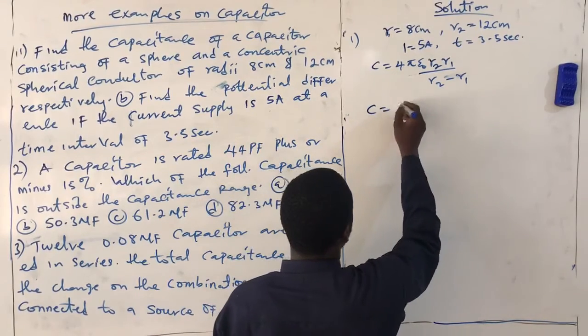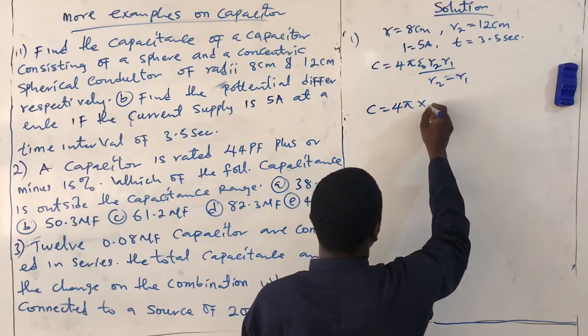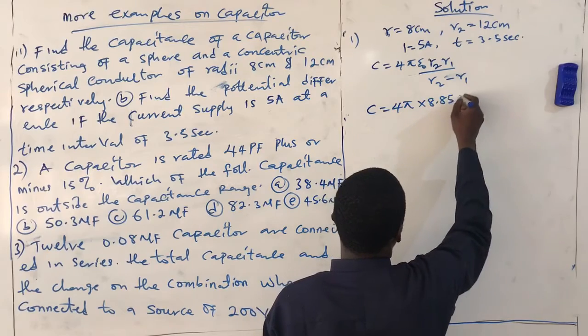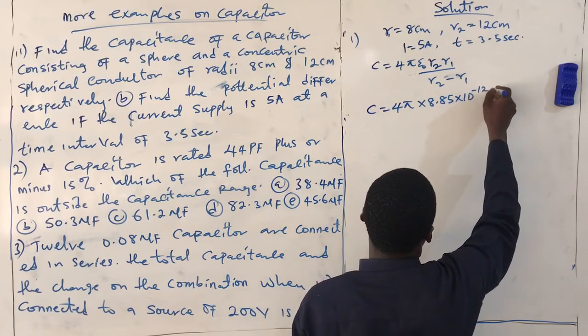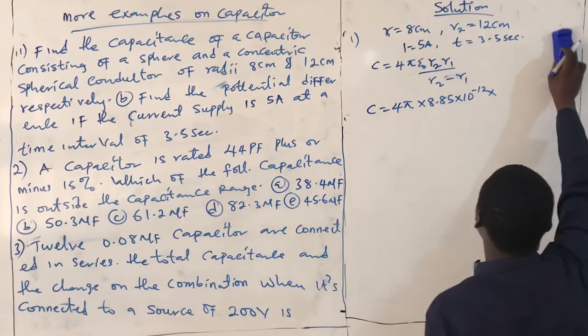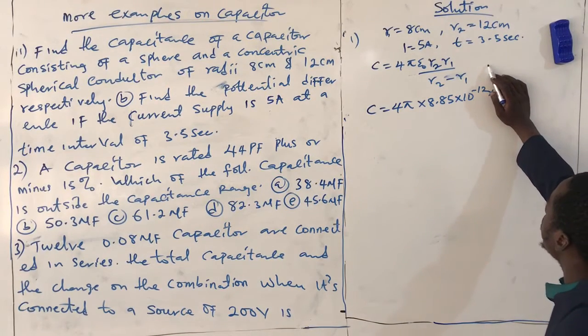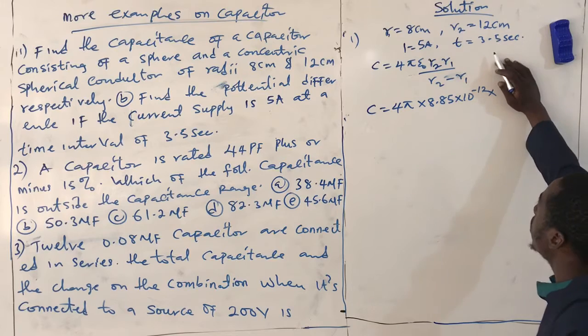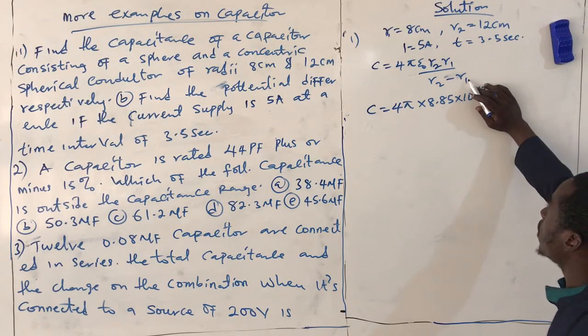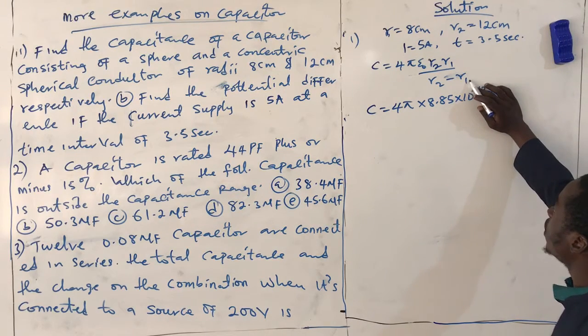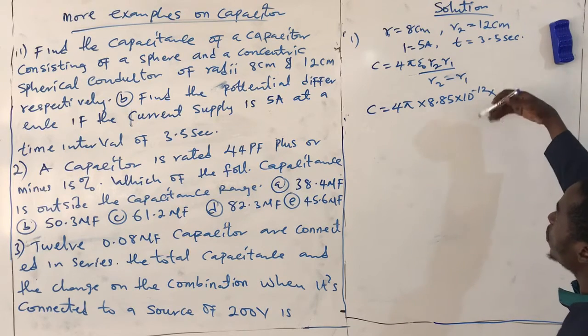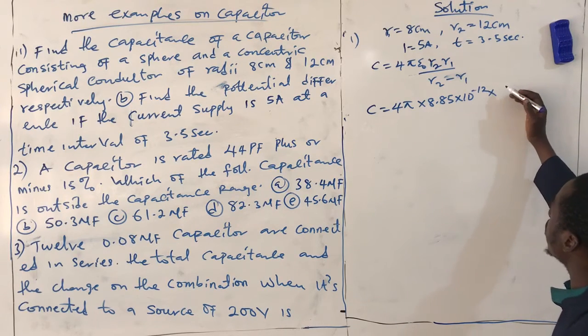Now this is just a direct question. 8.85 times 10 raised to the power minus 12 multiplied by R2. We see that this one is in centimeter and this one is also in centimeter, so we don't need to convert, because the centimeter will cancel the centimeter.